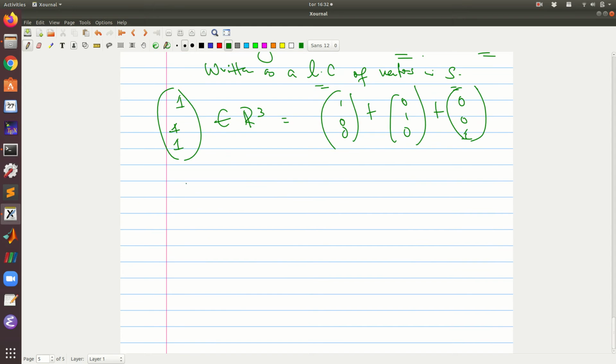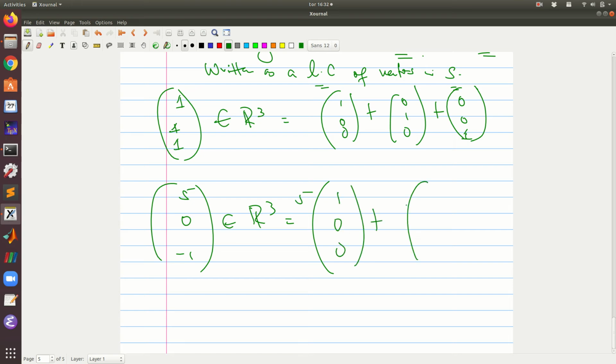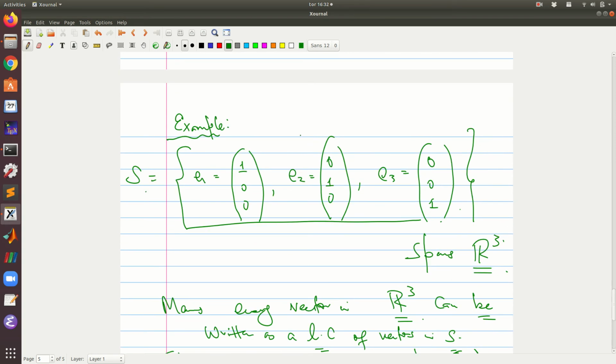So for any other, whether it is 5, 0, and negative 1, this is still taken from R3. It can be written as 5 times (1, 0, 0), plus 0 times (0, 1, 0), plus negative 1 times (0, 0, 1). In other words, every vector you can think of from R3 can be written as a linear combination of these.